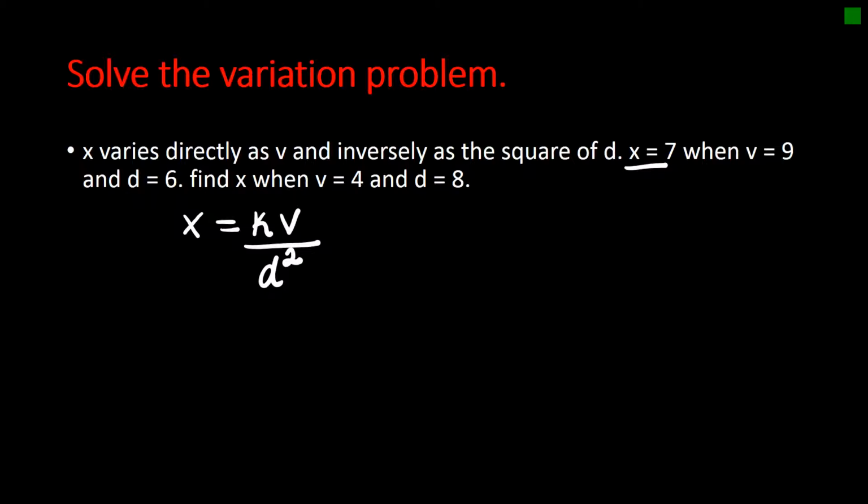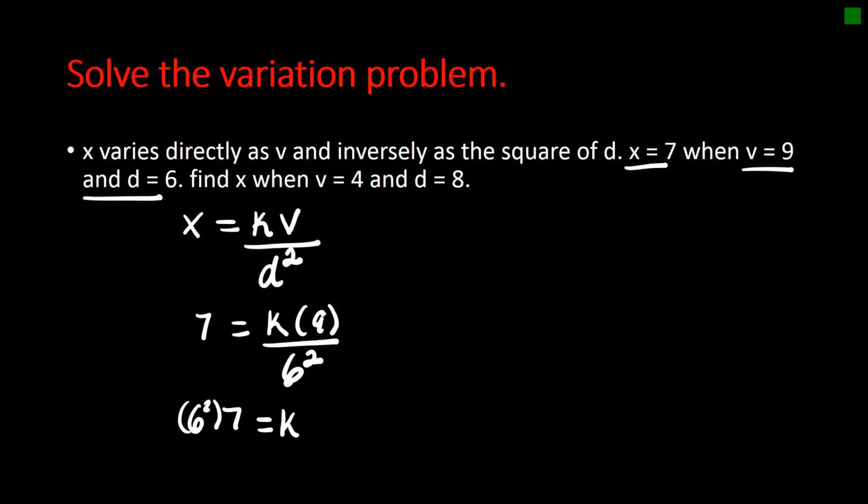Let's read the next sentence because it should give us some values for those variables to find k. So x is 7 when v is 9 and d is 6. So we plug in 7 for x, 9 for v, and 6 for d. Okay, so when we solve for k, k is going to be 7 times 6 squared all over 9.